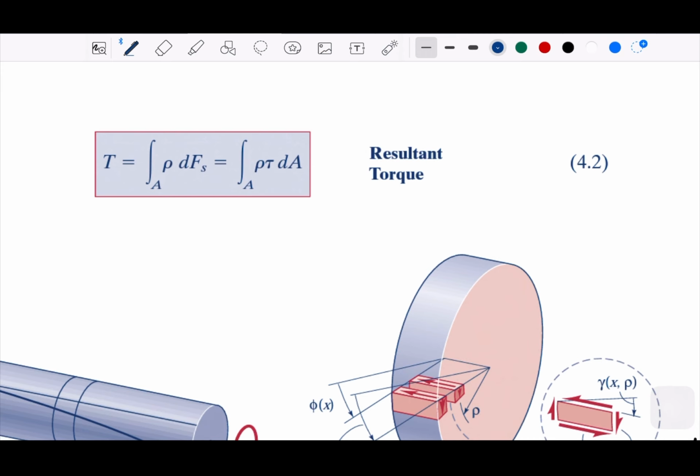So we take the integration, rho tau dA, integrated with respect to A. And in the area here, you should remember what dA is. This is r dr d theta, from calculus. Because the cross section area is a circle.